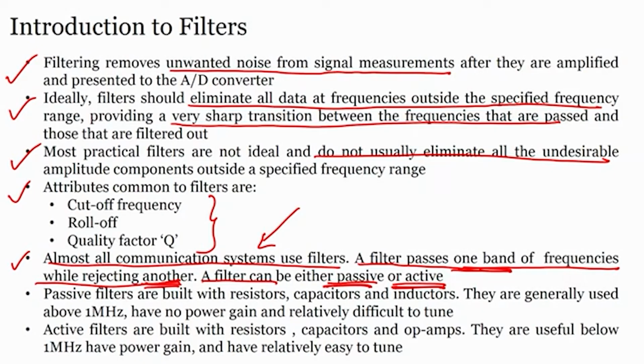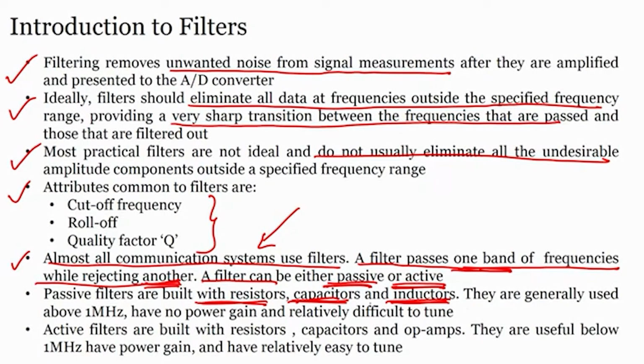Okay. Next, what is next? Filters are built with resistors, capacitors and inductors. Okay. That means we use these passive components for designing the filters. Which are passive components? Resistors, capacitors and inductors.